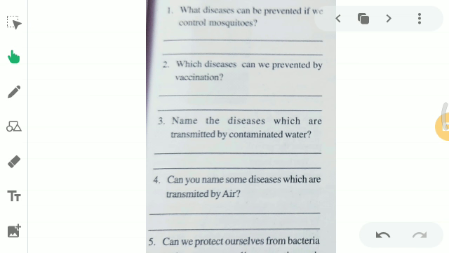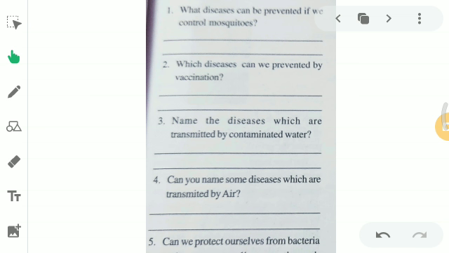When disease causing organisms enter our body, the body produces antibodies, which damage or kill the microorganisms. That's why some diseases are controlled by vaccination.